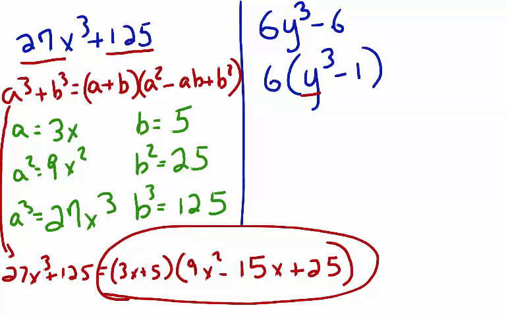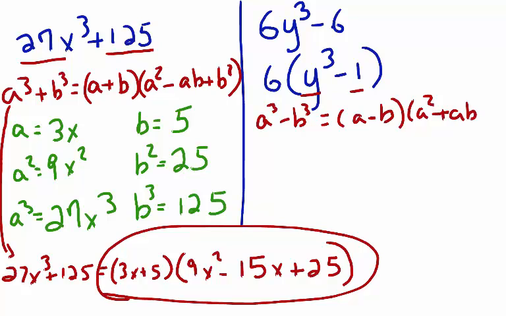Now, I do have the difference of two perfect cubes. So I'll apply the formula for difference of two perfect cubes. That's a cubed minus b cubed equals a minus b times a squared plus ab plus b squared.